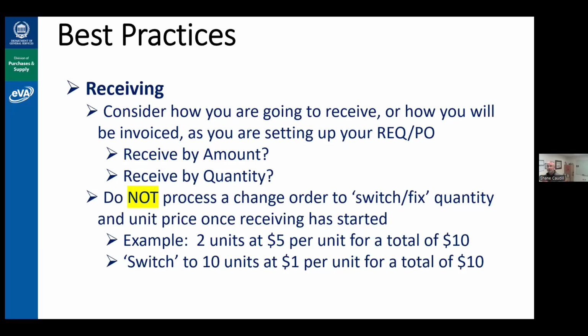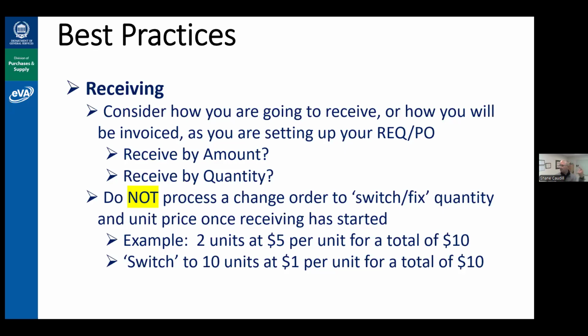My example is a pretty basic one, but our team has seen it. Miranda has seen it, Tony has seen it, Bree and the account executives have seen it. I create a requisition and an eventual purchase order where I'm buying 2 units at $5 for a total of $10. Then for whatever reason, maybe because the invoice was different, a change order is done and it switches from 2 units at $5 to 10 units at $1 per unit, still that total of $10.